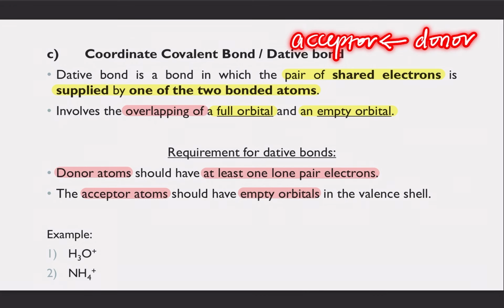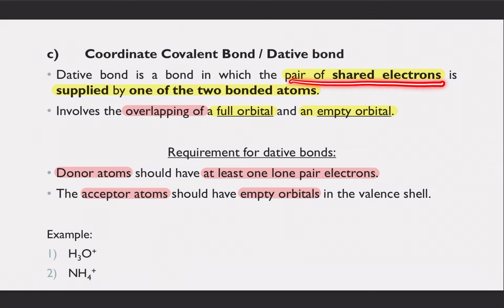Okay, macam ni. Alright, so let's see what is a dative bond. It is a bond in which the pair of shared electrons is supplied by one of the two bonded atoms. You have A and B, okay? Although your A is the one who is donating to B, okay, but they are actually still sharing.